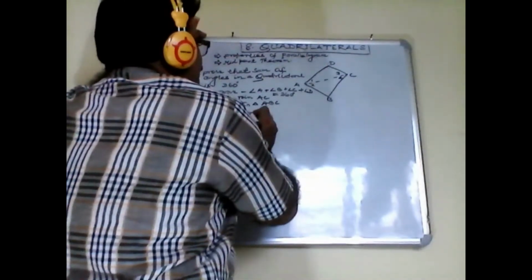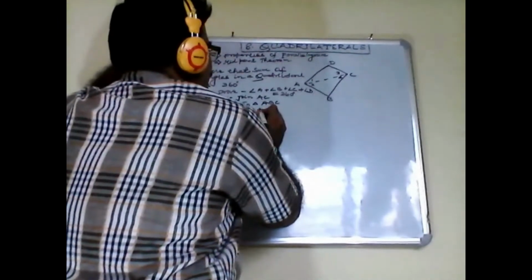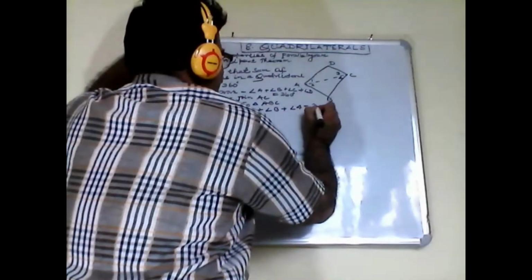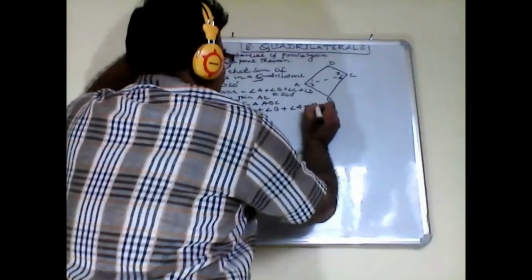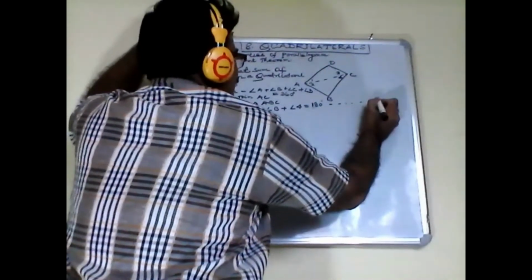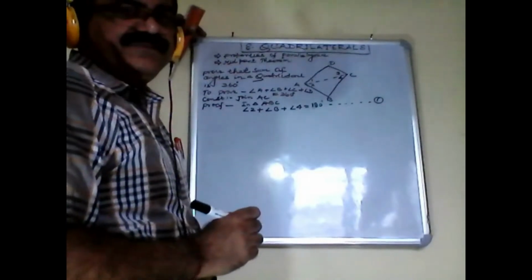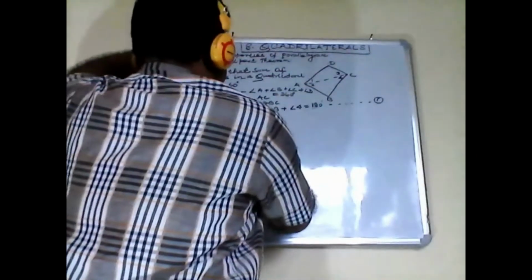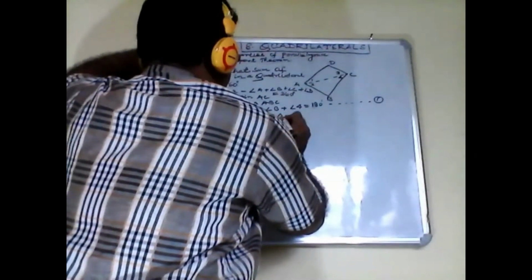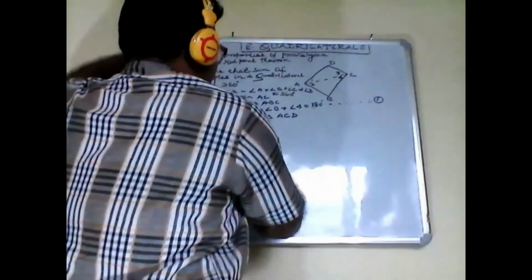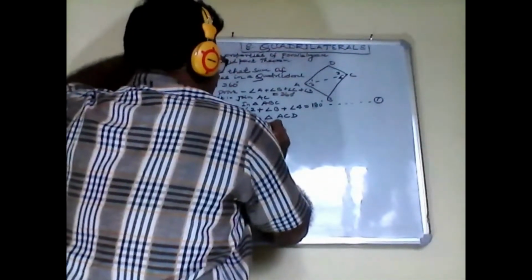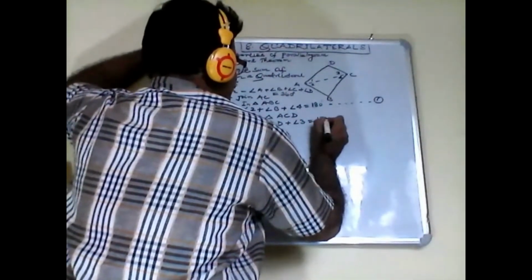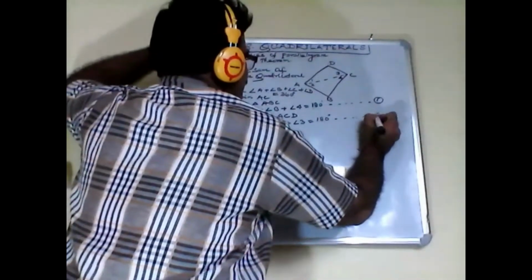So in triangle ABC, angle 2 plus angle B plus angle 4 is 180. This is equation number 1. Now in triangle ACD, angle 1 plus angle D plus angle 3 is also 180. This is equation number 2.